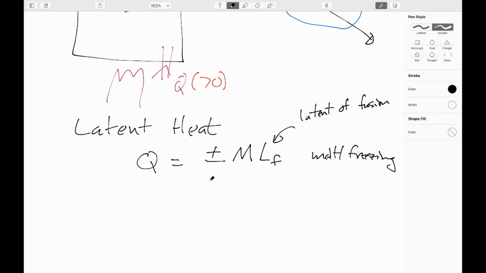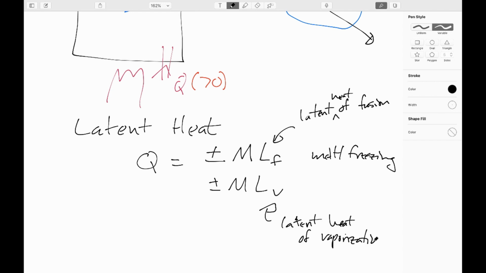If you are boiling or condensing, it looks just the same, except we call it L sub V, and that stands for latent heat of vaporization. This is if you're boiling or condensing.